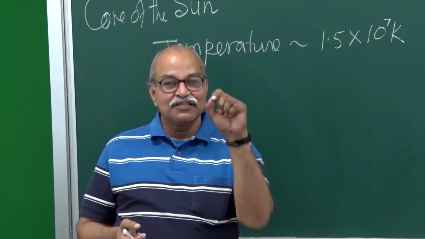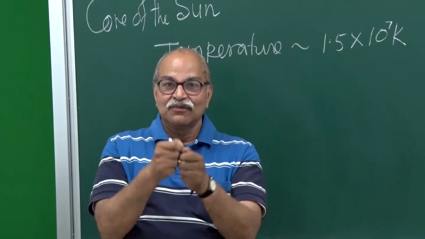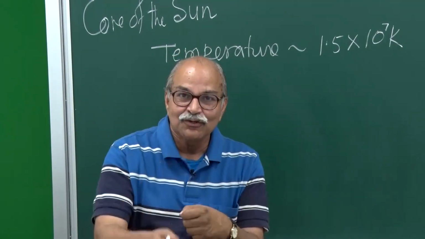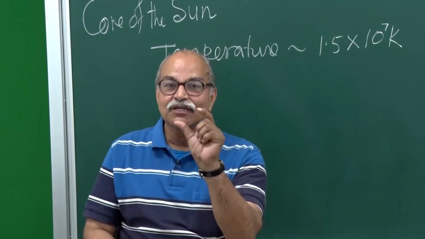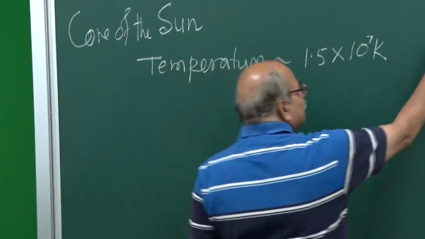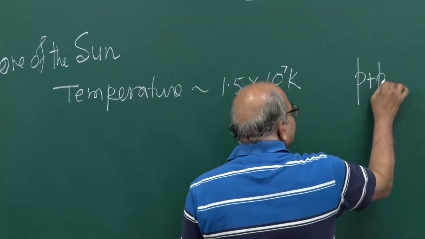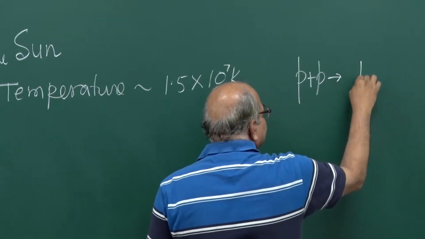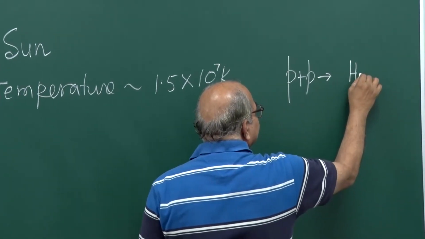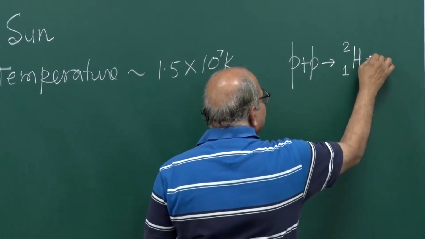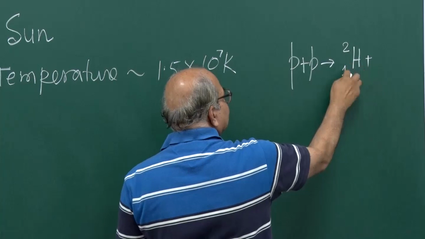Okay, so in the first phase, two protons come together, they make a nucleus, a proton is converted into neutron, and then a deuteron is formed. That's the first step of this reaction. So proton plus proton makes a deuteron, which is the nucleus of hydrogen with one proton and one neutron, and then this proton is converted into neutron.